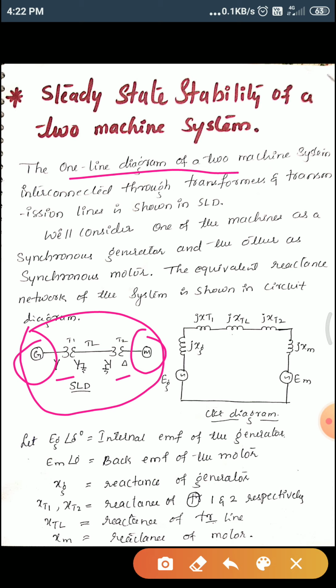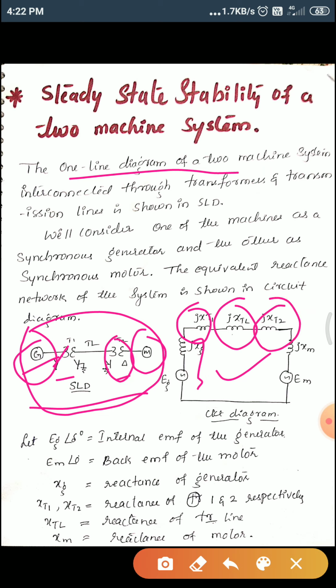Let's see its equivalent circuit diagram. This is the single line diagram and this is the equivalent diagram. We are very familiar with drawing the reactance diagram of any power system. Since it is a generator, it has xg and Ez, then the transmission line and transformer 1, so jxt1, transmission line jxtl, and then transformer 2, jxt2, and this is jxm, and Em, the motor's voltage source.